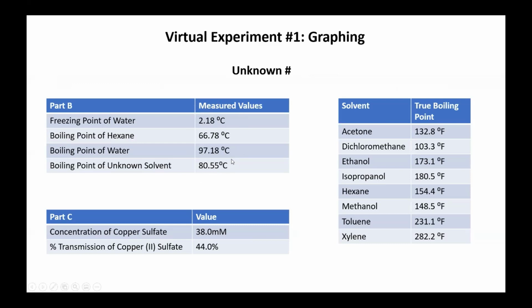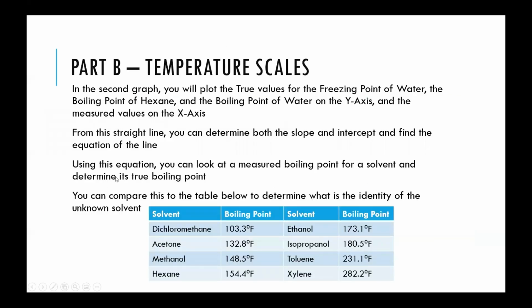What you'll need to do is use the equation that you developed from the line to determine the correct value that this is supposed to be, convert that to Fahrenheit, and figure out the identity of this boiling solvent. So when you go through that, you're first determining the calibration plot, the equation that relates the measured value versus the correct value.